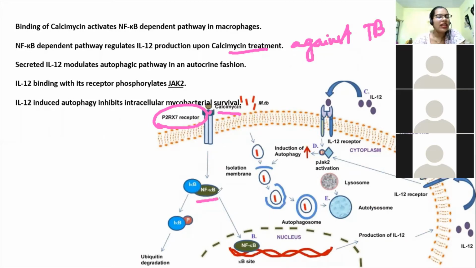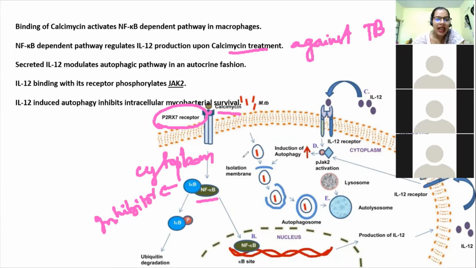It is totally involved in all kinds of cellular signaling. Now, in the cytoplasm, NF-kappa B is present in the inactivated form with the help of I-kappa B, where I stands for inhibitor. Okay. Now, how is it activating? The calcimycin is activating it by making I-kappa B phosphorylated. So I-kappa B gets an additional phosphate group.